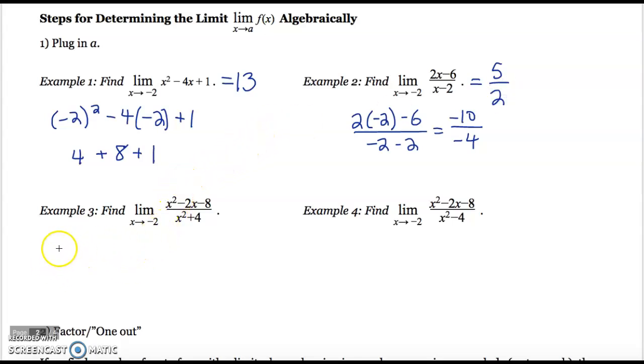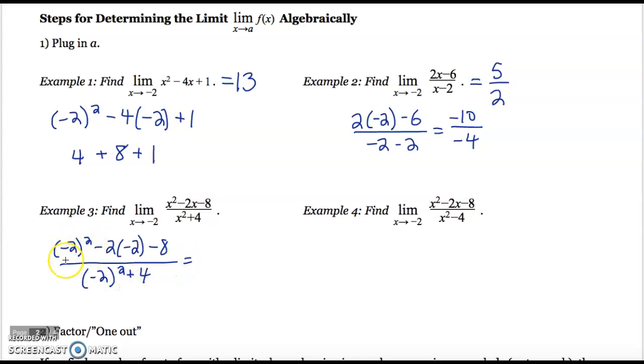All right, go ahead and down here, -2, do the same thing. Everywhere there is an x value, I'm just plugging in that -2. So -2 squared minus 2 times -2 minus 8, all over -2 squared plus 4.